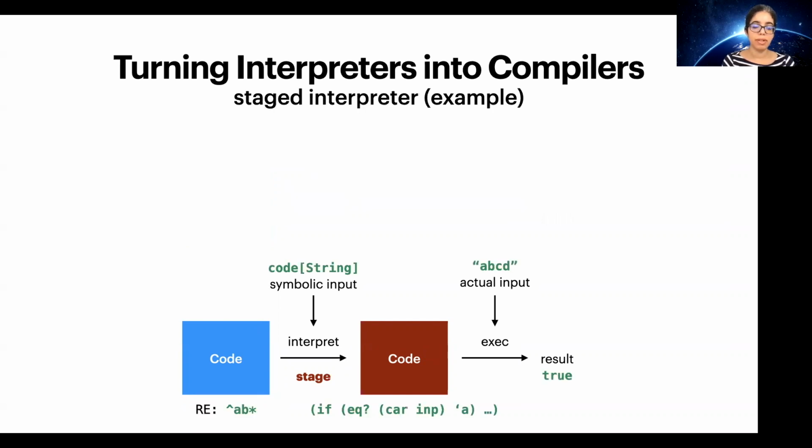So notice the difference is that here, when we look at this example, we're generating code that is specialized to the regular expression. And it's not as high level as the regular expression matcher, which would be an interpreter that goes through the string. So we get rid of the interpretive overhead of parsing the regular expression all the time.